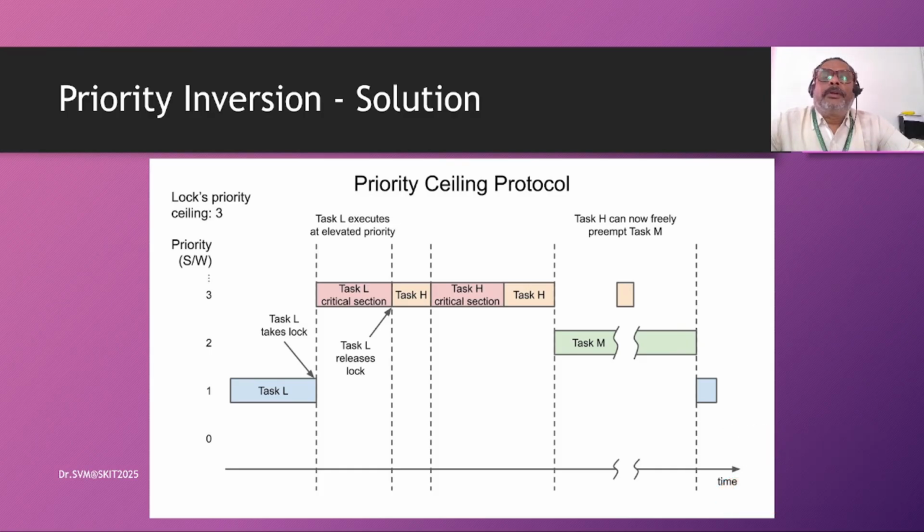Though the original priority of the process was low, the moment it enters into the critical section, its priority is elevated to the highest possible level, and from that instant onwards the low priority process executes its critical section at the higher priority, and this will ensure that it won't have any problem of priority inversion.